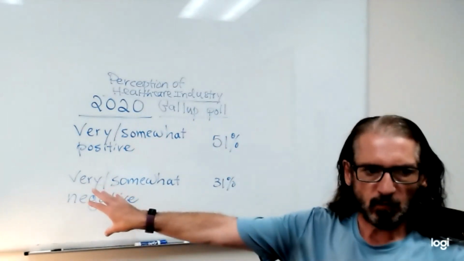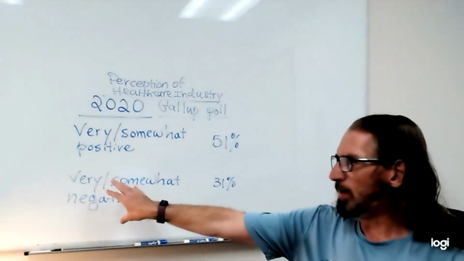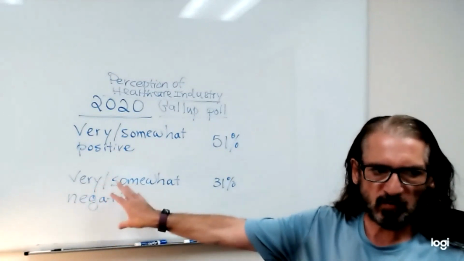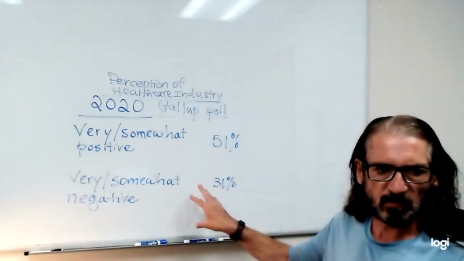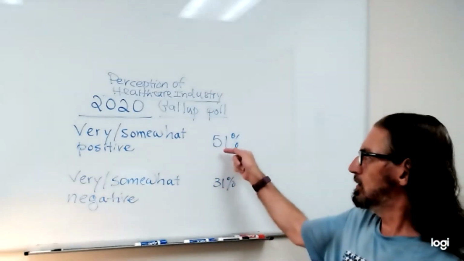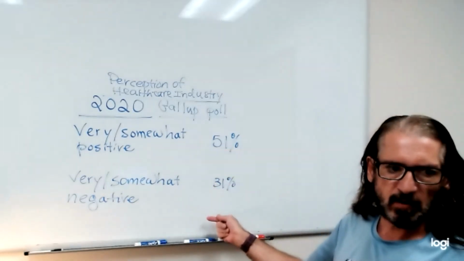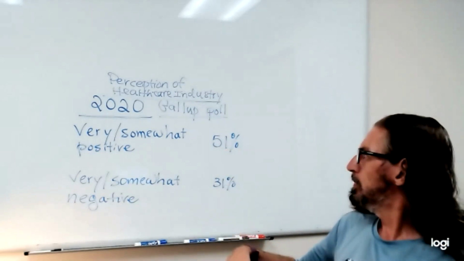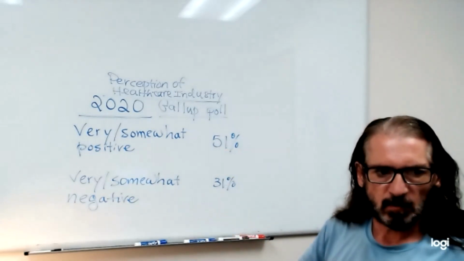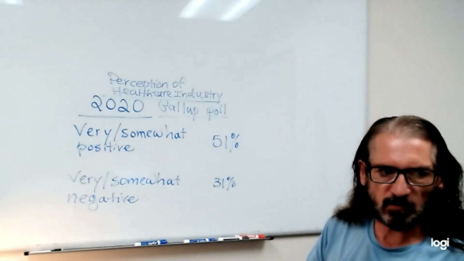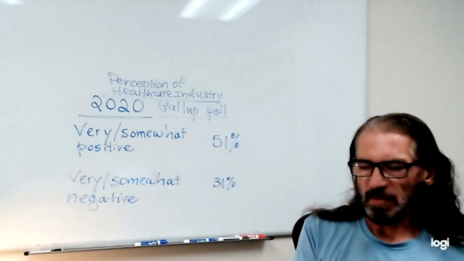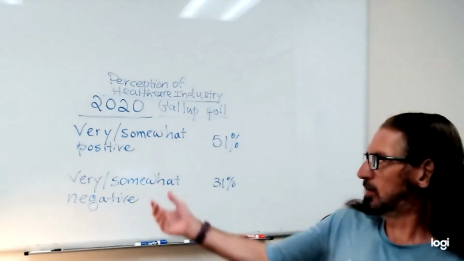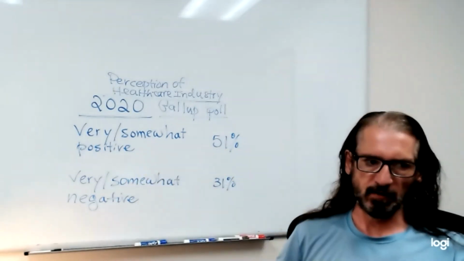Whereas those that responded very negatively or somewhat negatively, the percent responding that way was 31%. Now that adds up to 82%, leaving 18%. 100% minus 82% is 18%. That would be those that are kind of neutral on this.